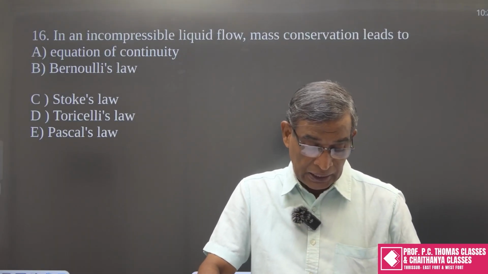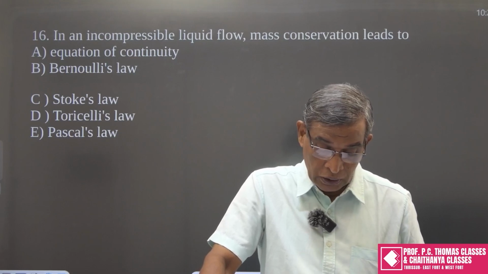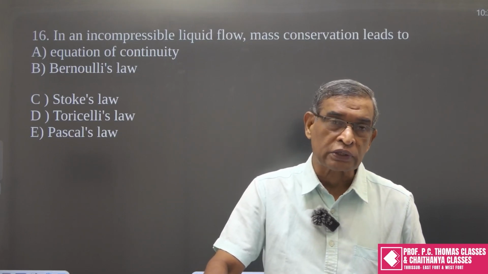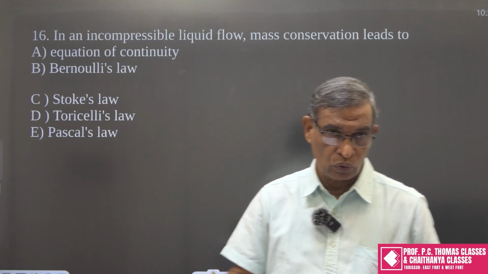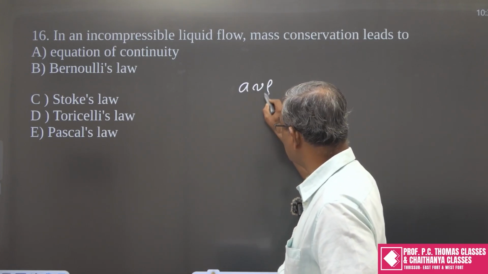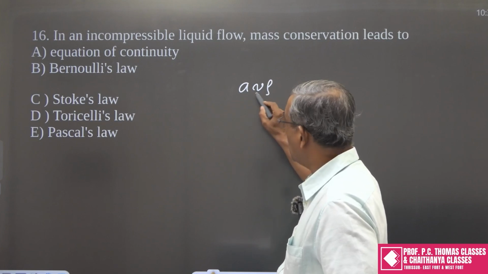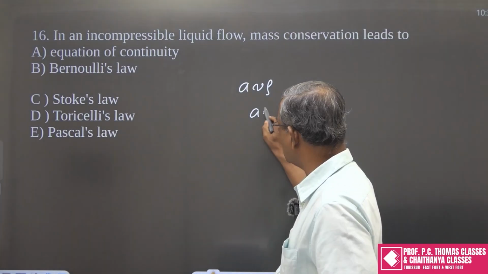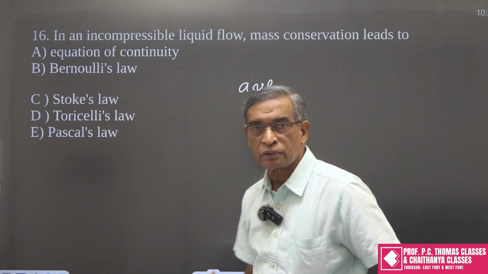In an incompressible liquid flow, mass conservation leads to A V rho, the mass flux, being a constant. If rho is also a constant, A V is a constant, which is the equation of continuity.